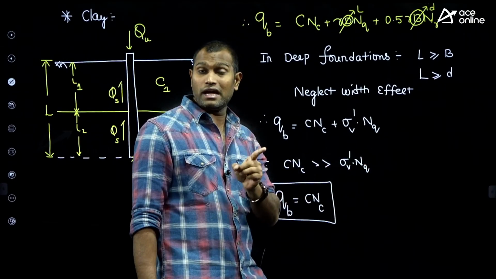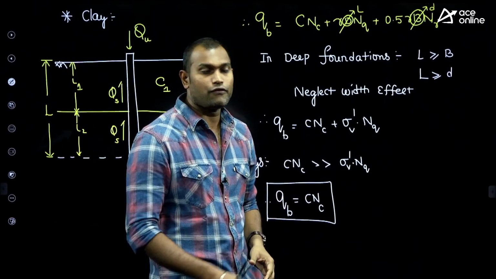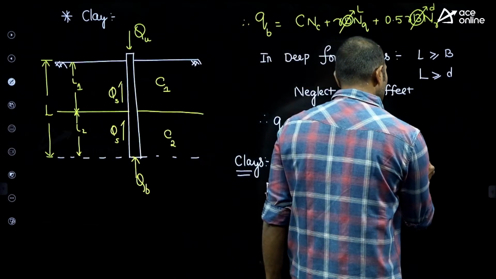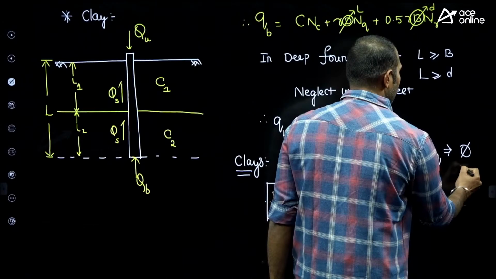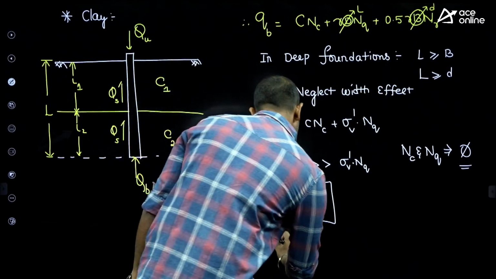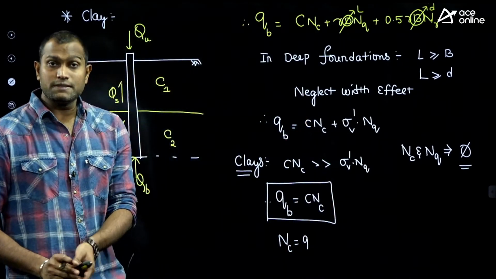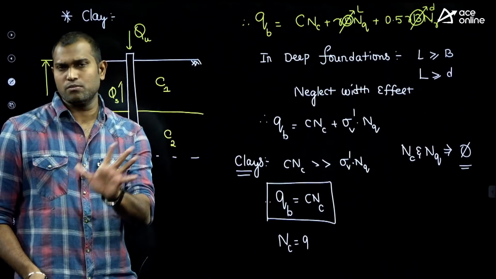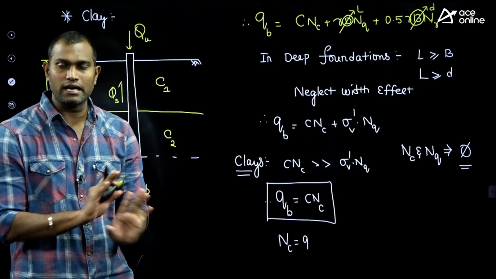NC and NQ are the bearing capacity factors that depend upon the angle of internal friction phi. In the case of clays, NC is equal to 9. In examinations, especially in GATE, they will mostly mention it, and if they don't, you take the NC value directly as 9.